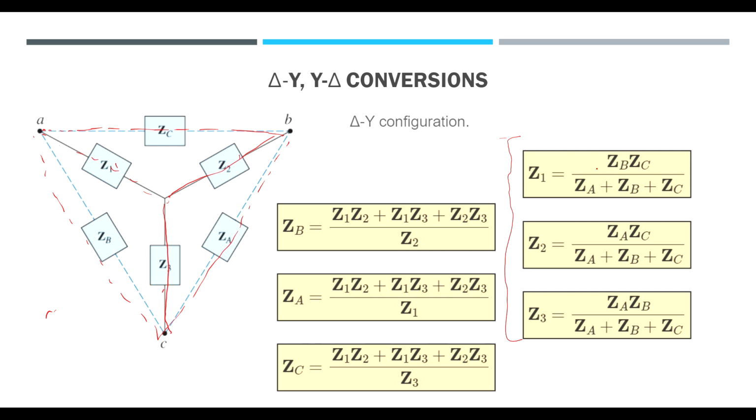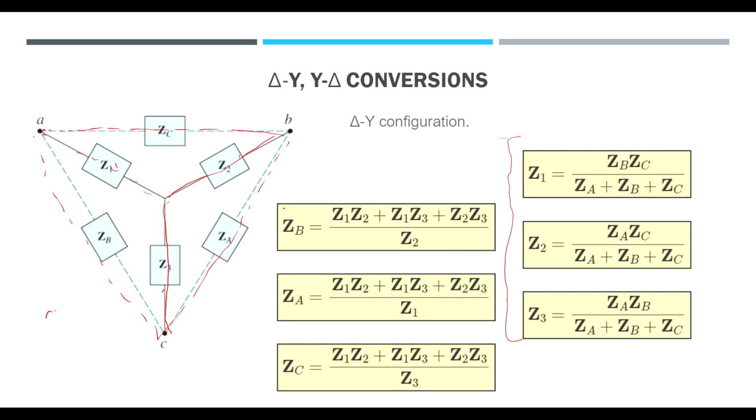So Z1 will be ZB times ZC over ZA plus ZB plus ZC. That denominator is the same for everything; it's just the numerator that changes if you want to go to your Y configuration.